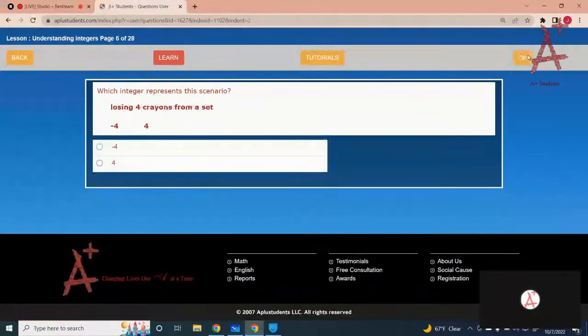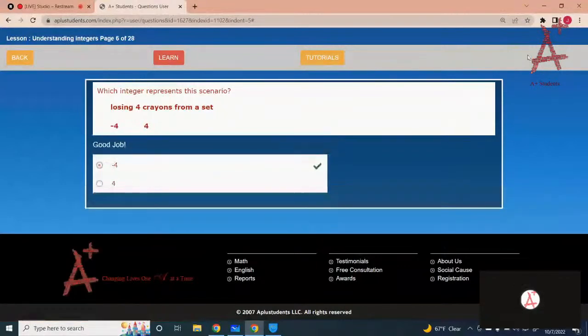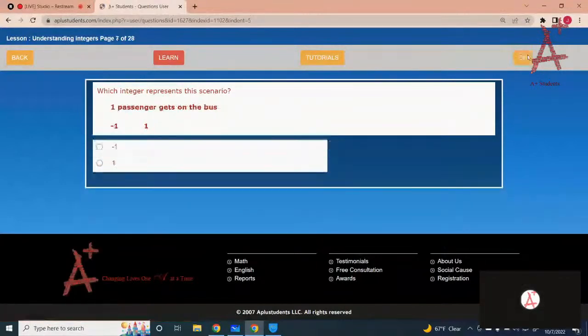Losing 4 crayons from a set. So the word losing means a loss. So the loss is always represented by the negative numbers. It is -4. So select the correct option and click on the OK button. One passenger gets on the bus.